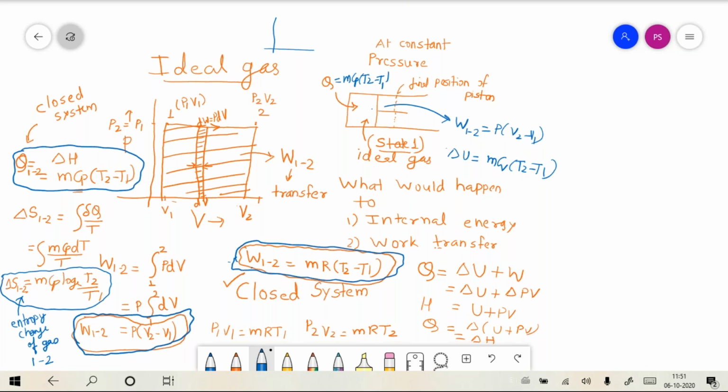So before solving one numerical, let me ask you one poll question, and let me check whether I have that question or not. Okay, yeah. All right, I'm launching this poll question, and then I will be solving one numerical on this.